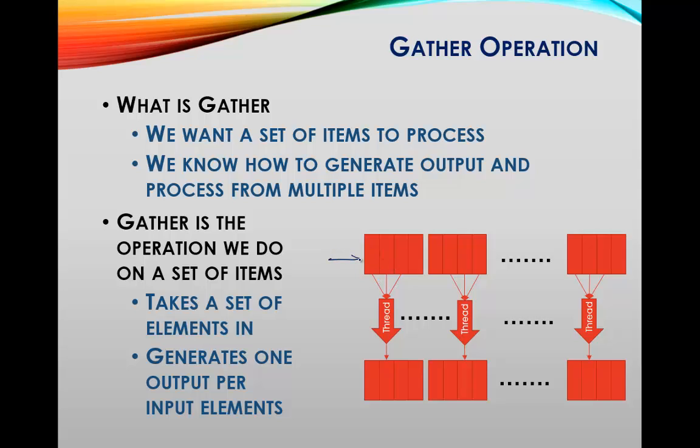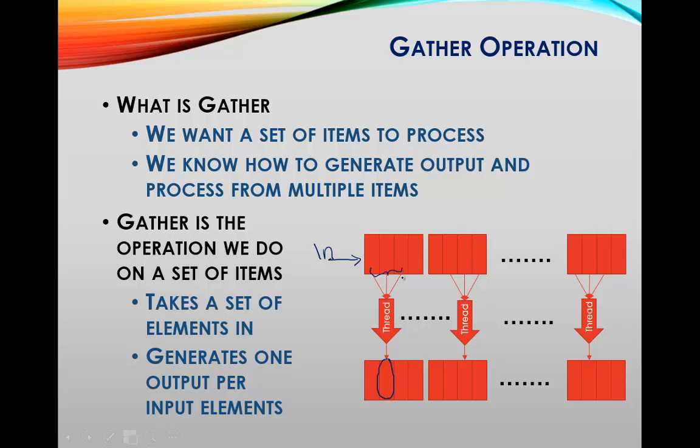So if this was your input data, in the gather operation, you gather values from a set of elements in your input, in this case every 3, and then you store the result of your process into one of these elements.